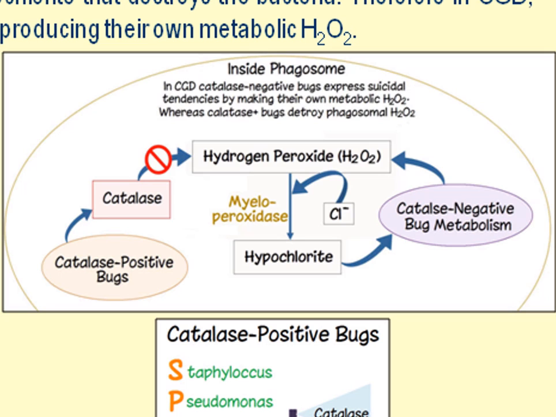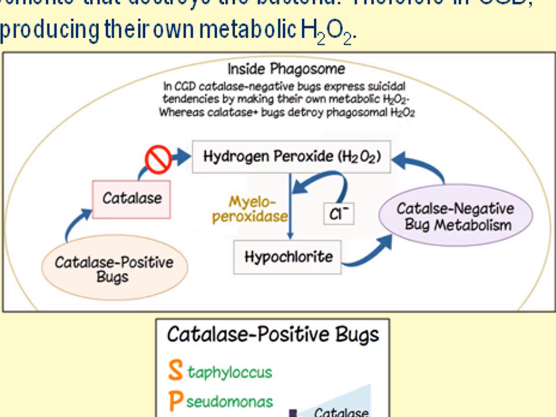In the catalase negative microbes, bactericidal effects are preserved. The Streptococcus organisms, when ingested by neutrophils, can produce adequate H2O2 to provide a substrate for myeloperoxidase of the host neutrophils, as you see in this diagram.